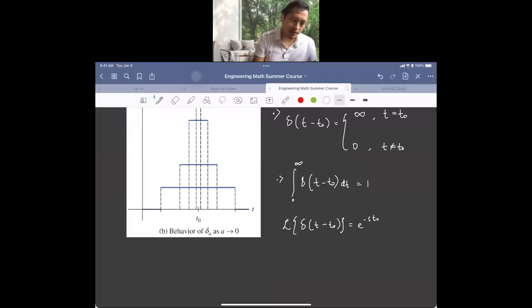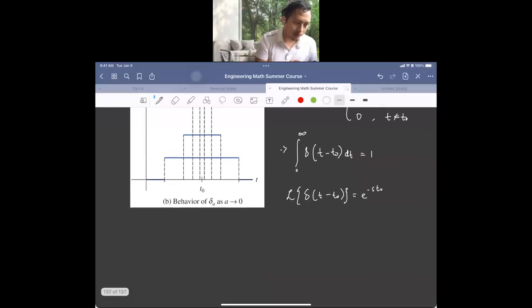Since we know the delta is the derivative of the Heaviside, we can take this Dirac delta and change it into the Heaviside.